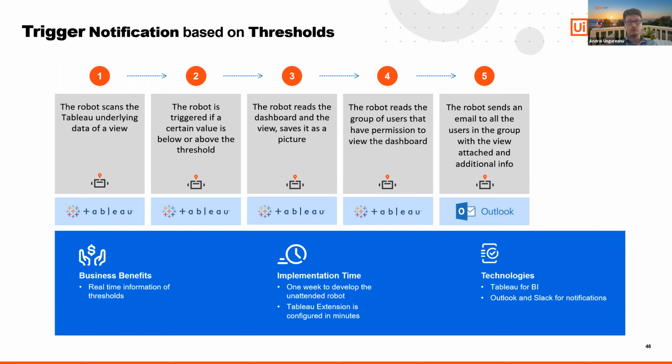Then the robot can also be configured to read the group of users that have permission to view the dashboard and use this list to send an email to all the users in the group with the view attached and with additional information. The real benefit of this case is that you can have real-time information, as opposed to having to go to Tableau, open the dashboard and look at the values.